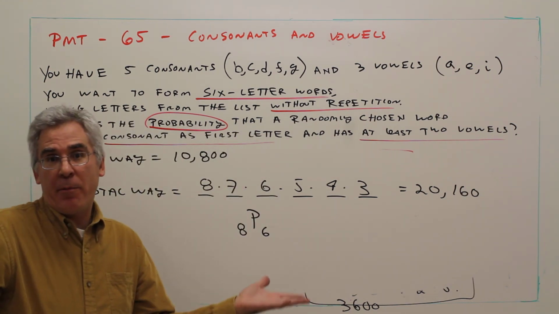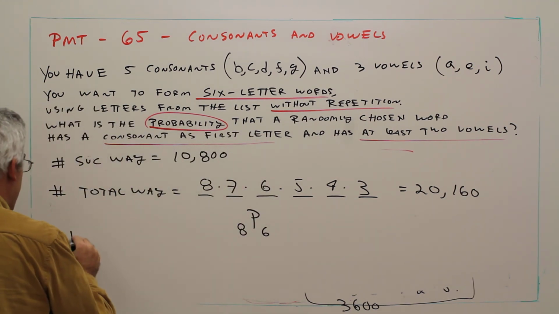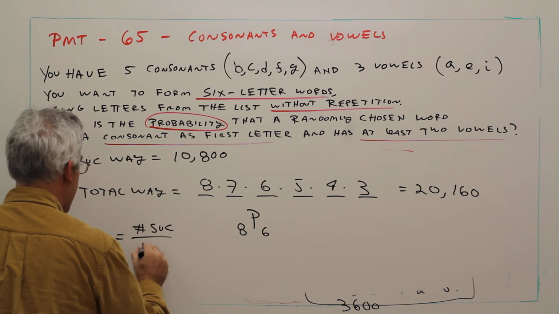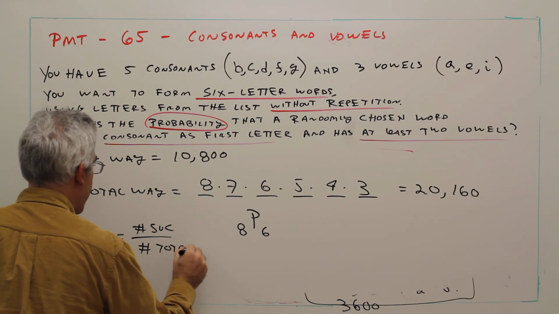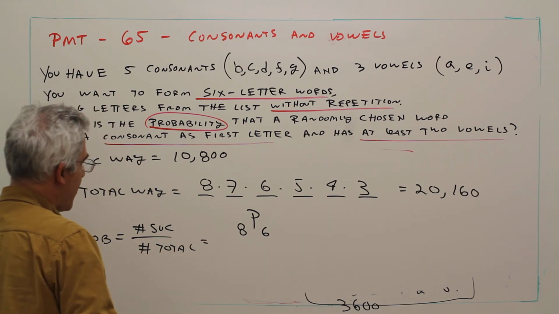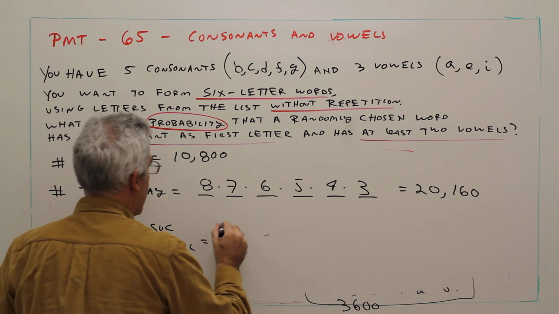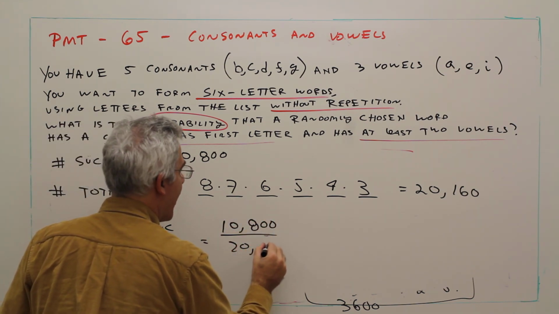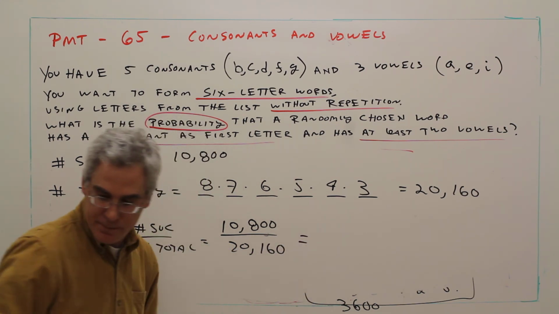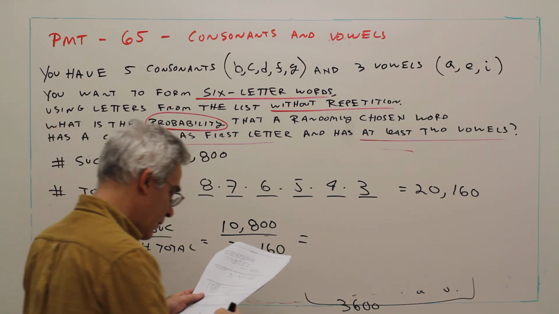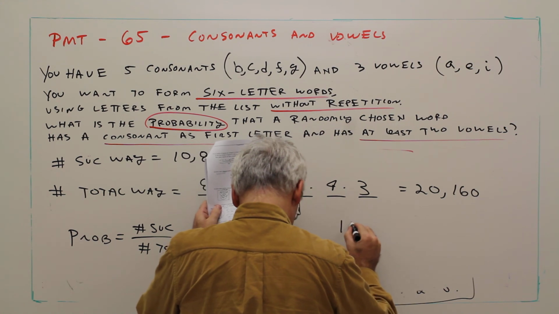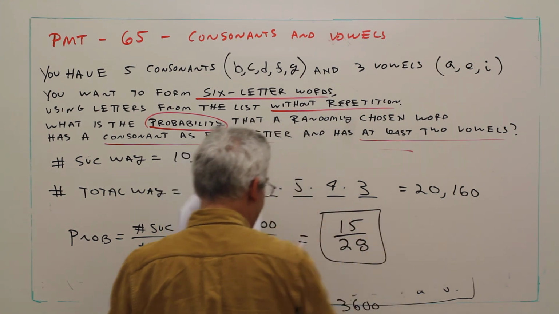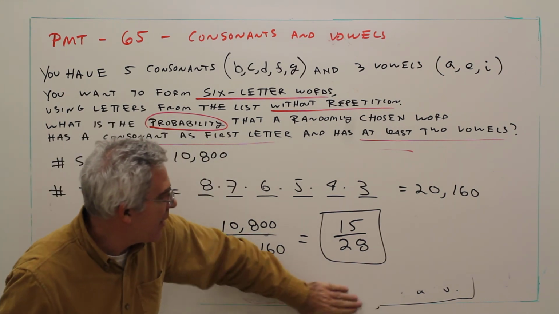Okay, now the probability is very simple. So the probability is the number of successful ways over the number of total ways. So it's going to be 10,800 over 20,160, which is exactly 15 over 28.